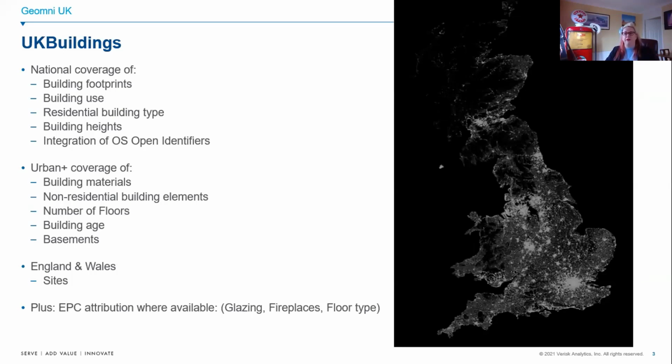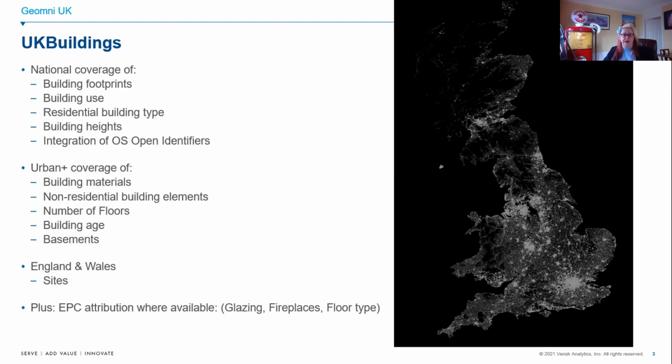So if we go through each of these in detail, UK Buildings, as you might have surmised from its name, offers information on buildings' location, characteristics and features. Most of the features you see in this list have been observed, but some fields, such as roof and wall type attributes, are modelled based on the age and other characteristics of the properties.